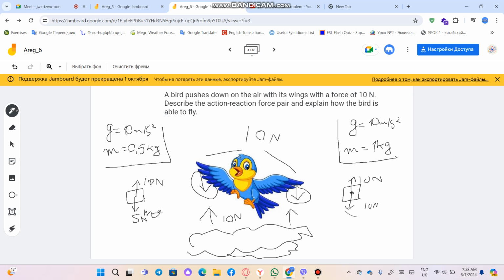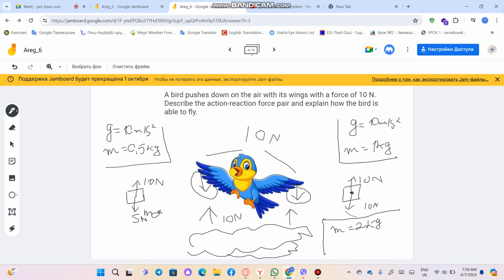Okay. And what if I have the situation of m equal to 2 kilograms? Can you guess, even without solving, how the flight of the bird will be? If it has more weight?